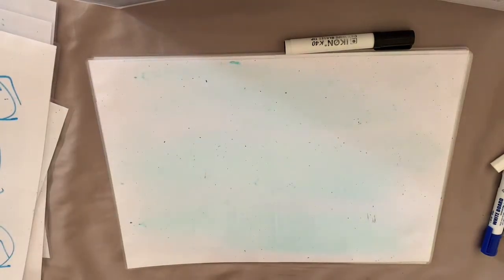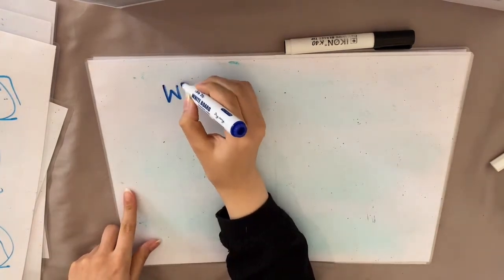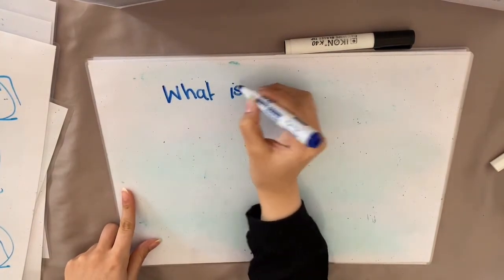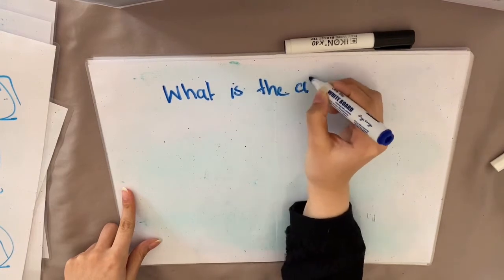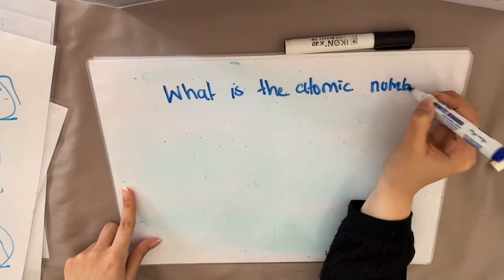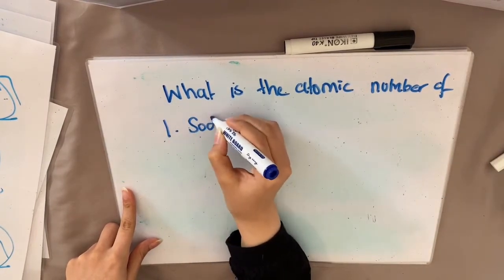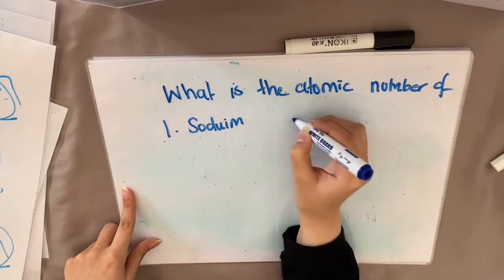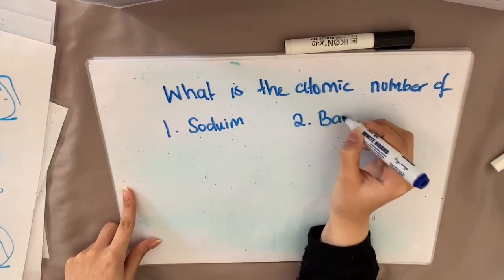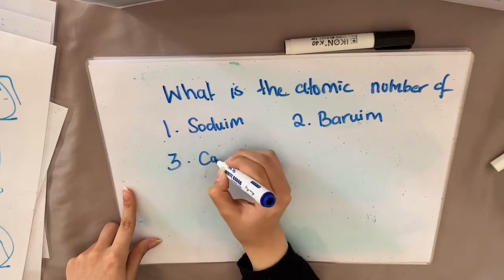Okay, so what I need you to do, and we are going to discuss it in our live session, and you are going to give me the answer in posts. What is the atomic number of sodium, barium, calcium?